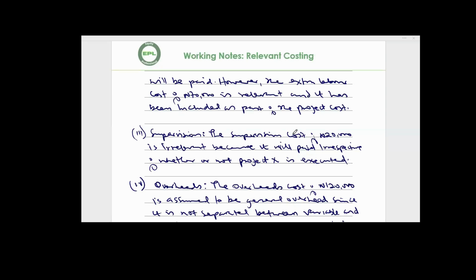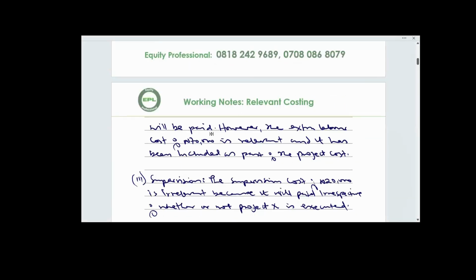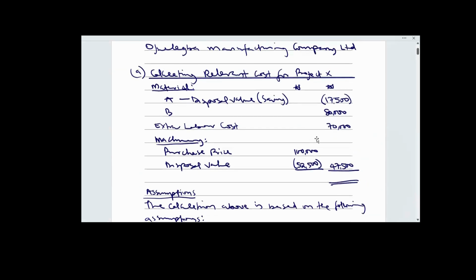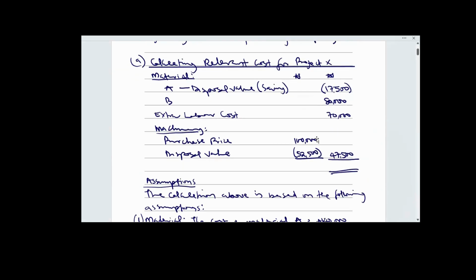Let's complete our calculation so that we can do our report. So there's nothing again to calculate. Let's add up all the numbers. What do you have there? 197,500 minus 17,500.